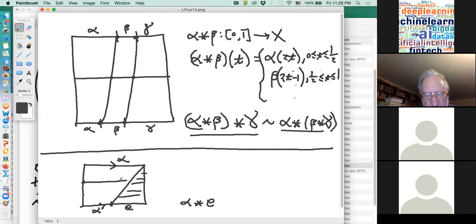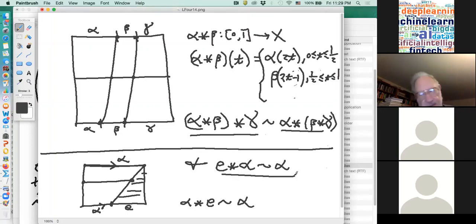And as you do, you're parameterizing alpha for longer and longer periods, but you're doing all of alpha, just running it over a longer parameterization until it's always just alpha. And this is the homotopy of alpha times E equal to alpha. And also E times alpha is homotopic to alpha on the other side. So you see that once you get used to how to make these homotopies, you can see very clearly that the fundamental group is a group.